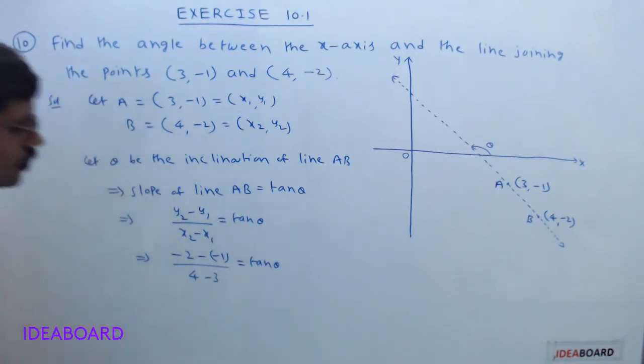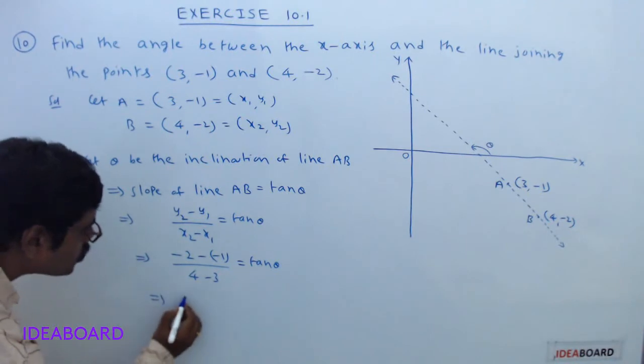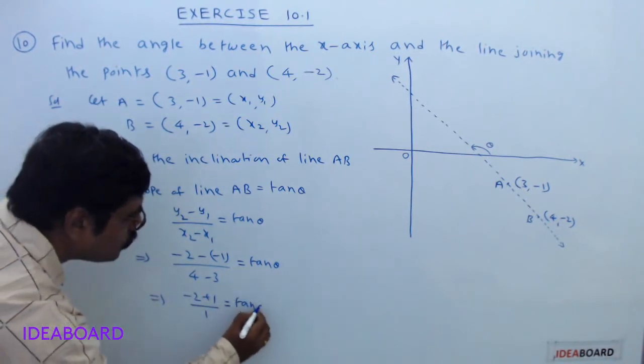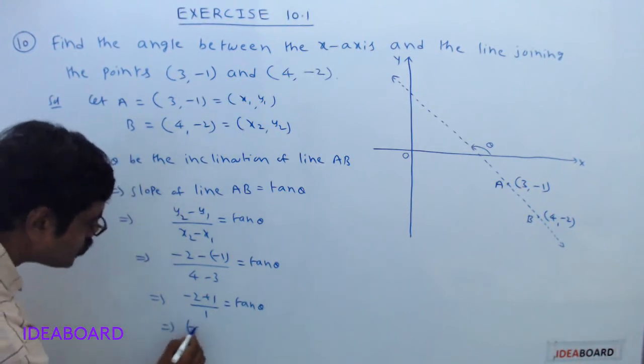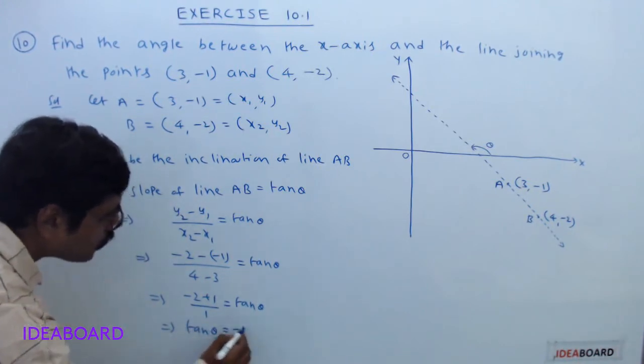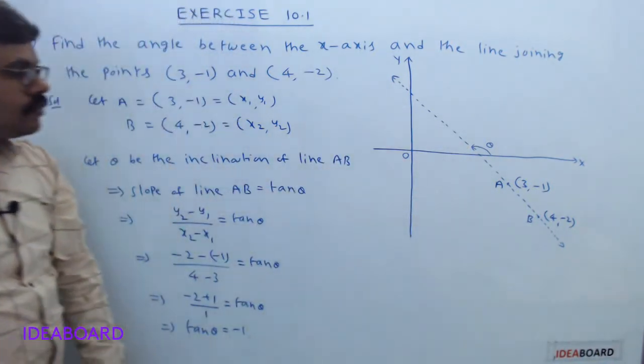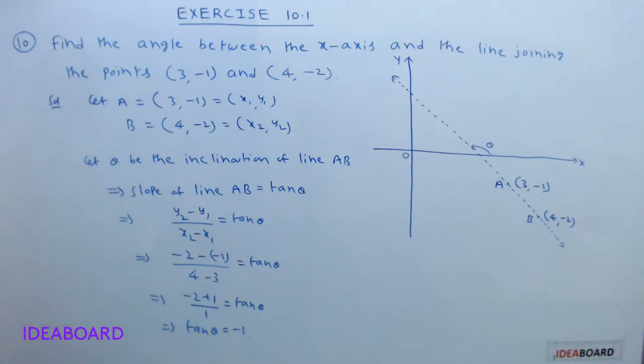This equals tan theta. It is minus 2 plus 1 divided by 1 equals tan theta. What is the value of tan theta? Tan theta value is minus 1. But we need theta value. So what is theta?